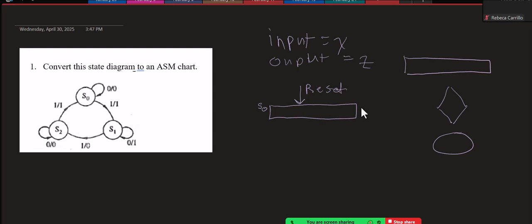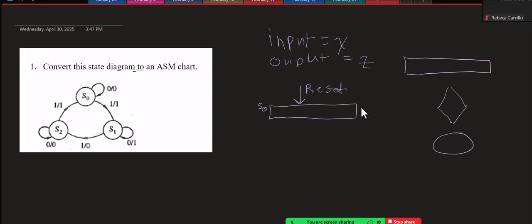And then from state 0, I want to look and see what my possible outputs are for my possible inputs. So my input is X. I just have the one input, it's X, and it could be either 0 or 1.